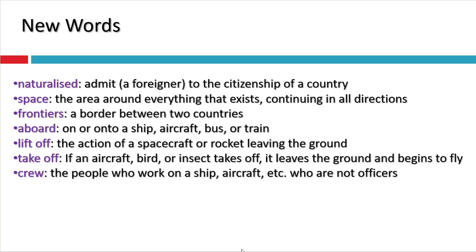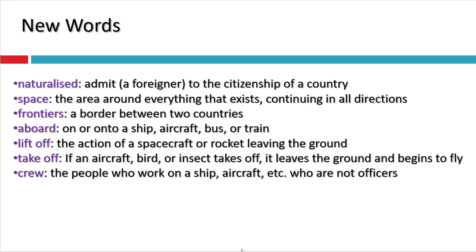Naturalize means to admit a foreigner to the citizenship of a country. That means Kalpana Chawla was born in India, but now she is a citizen of the US. So we call it naturalized, admitted to the citizenship of a country.